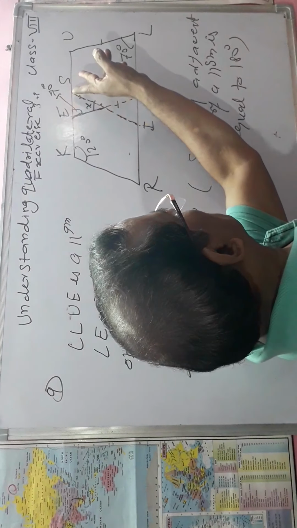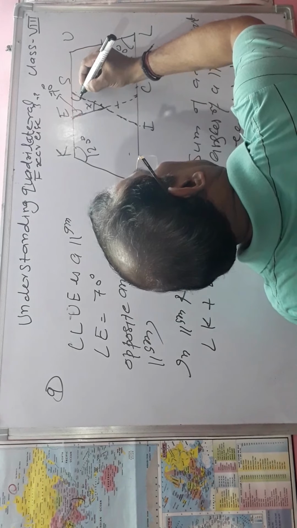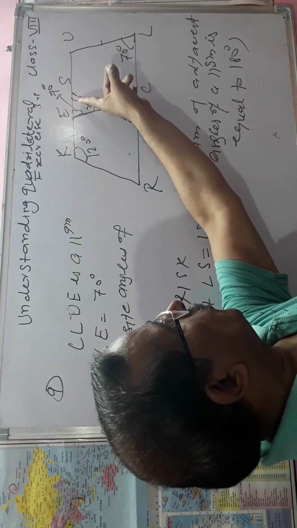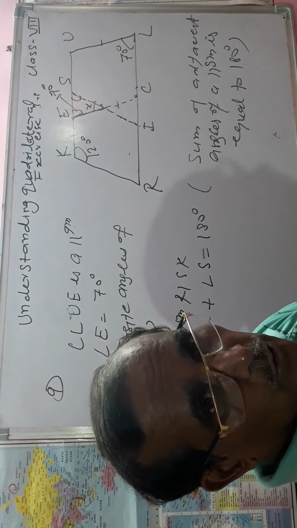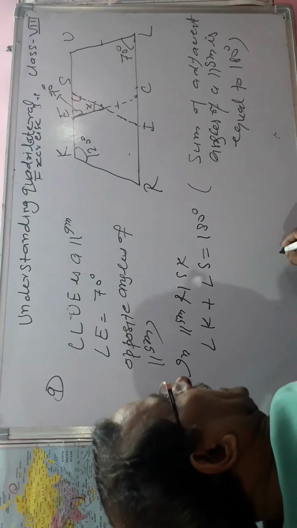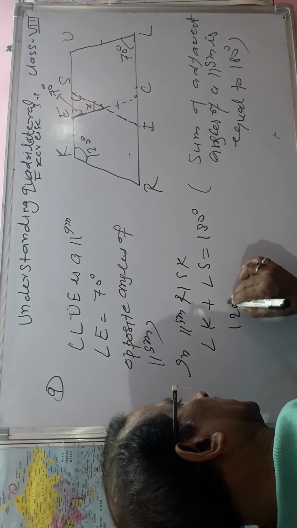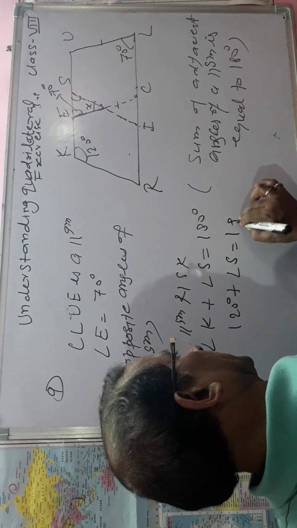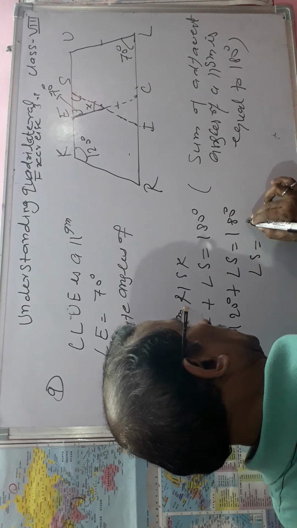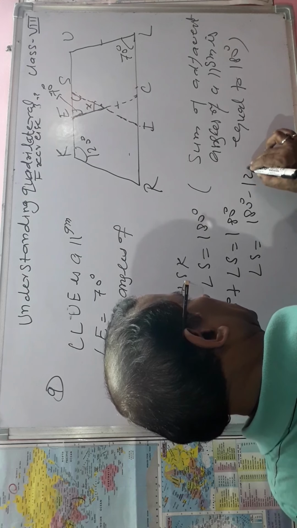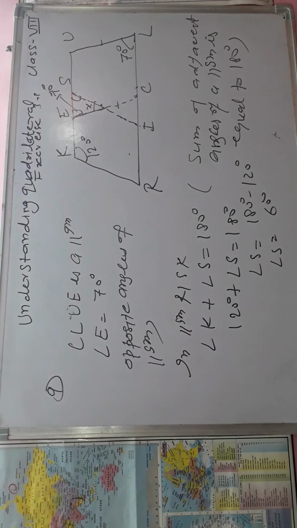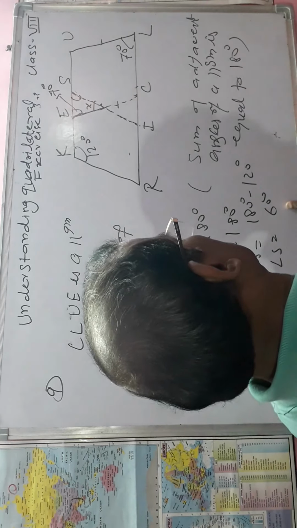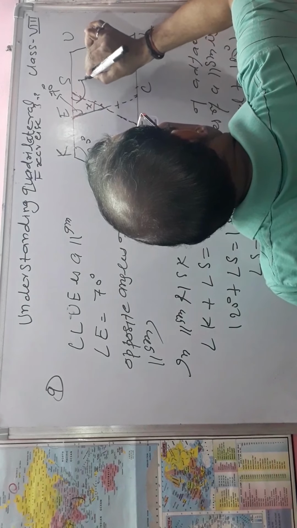The sum of these two angles, angle K and angle S, will be 180 degree, because the sum of adjacent angles of a parallelogram is 180. So angle K is 120 degree plus angle S is equal to 180 degree. Angle S is equal to 180 minus 120 is equal to 60 degree. Now angle S is equal to 60 degree, so we can write here 60 degree.